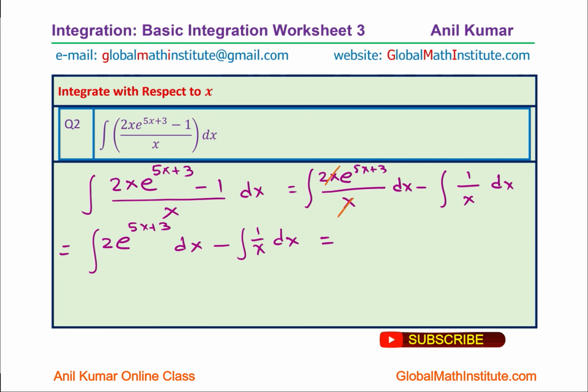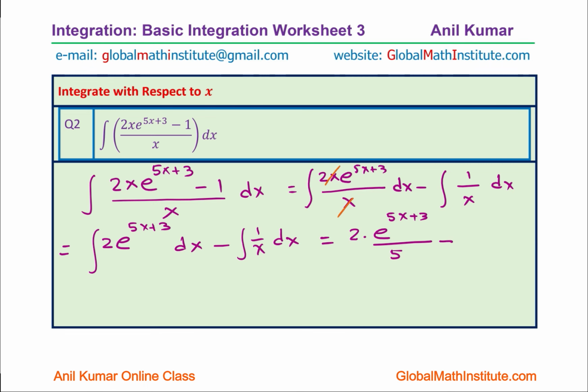Now, integral of e to the power of ax plus b form it is. So it is what? It is 2 is a constant which remains as such. Then we have e to the power of 5x plus 3, right, divided by the derivative of exponents, which is 5. Now here integral of 1 over x is ln x, right?